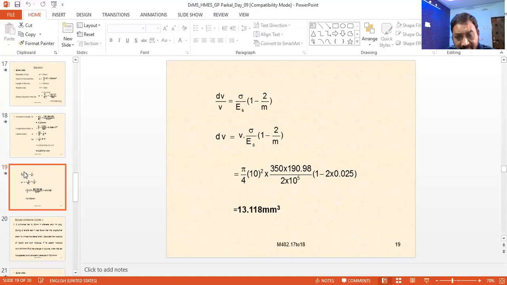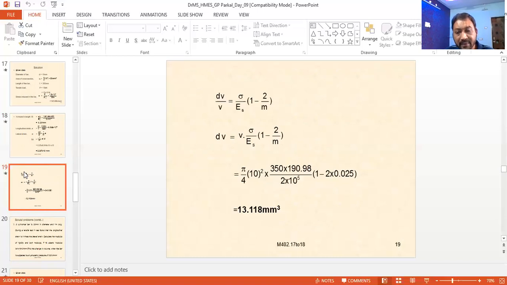The volume can be obtained by multiplying the cross-sectional area with length. So here pi by 4 into 10 whole square into 350 will become the volume, and 190.980 is the stress, 2 into 10 power 5 is the Young's modulus, and 0.25 is the 1 by m value.